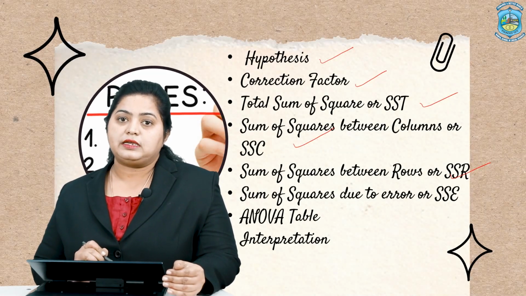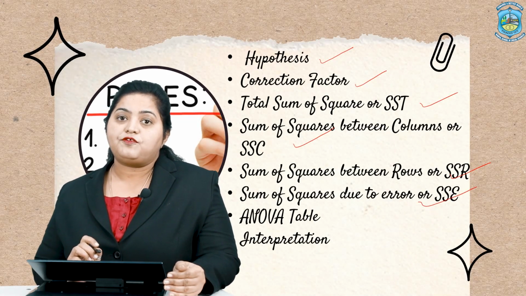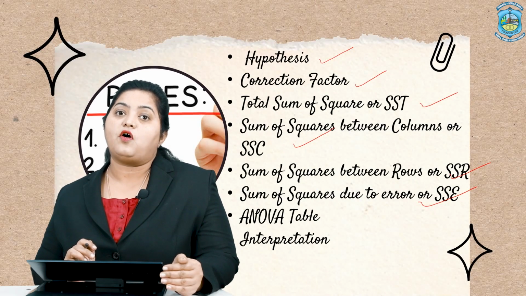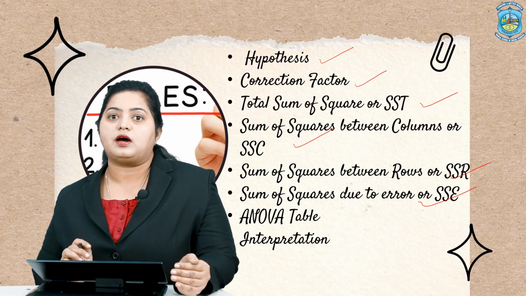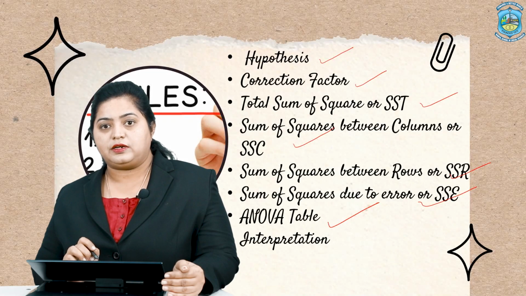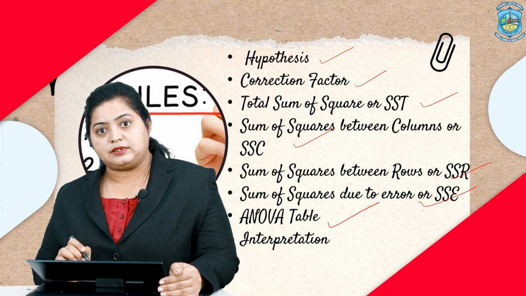And the sixth one is the sum of squares between the errors. The final and most important step is to draw an ANOVA table. And the last one is to find the conclusion or draw an interpretation from the data.